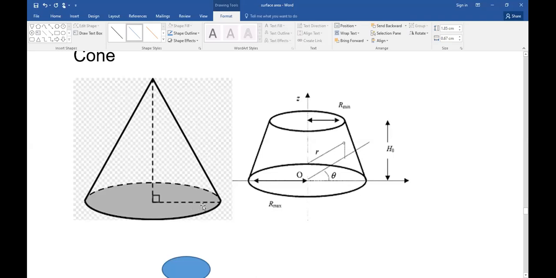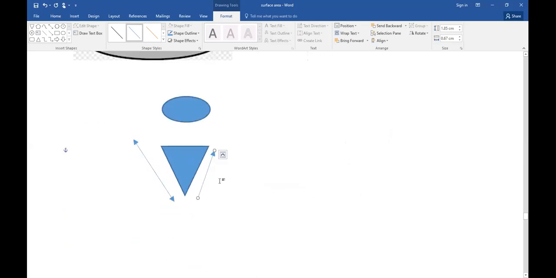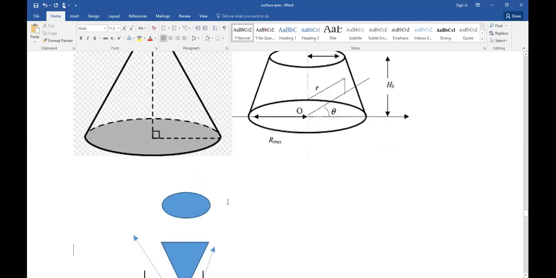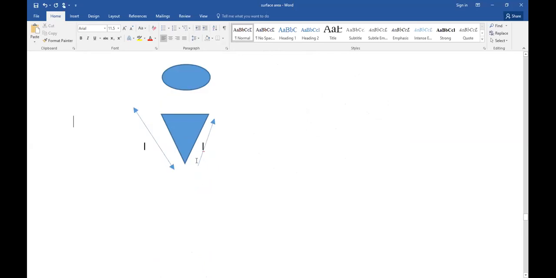So this height is perpendicular to the base, but this one, we call it the slant height, and it is abbreviated as l, a small l, not a capital letter.